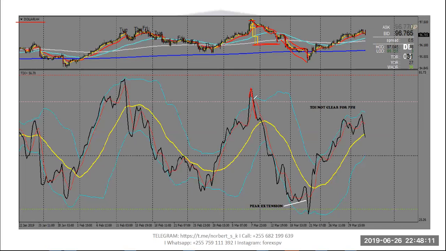So here was the peak of the TDI. This one was the peak. This one was the first level, the second level, and the third level. So we expected a peak here for a peak formation high, but the dealer extended. So our peak extension is this one. So you would identify a peak extension also on the TDI of the hour 4. But this TDI is only on the hour 4 time frame. You would find the levels, you find the peak extension.